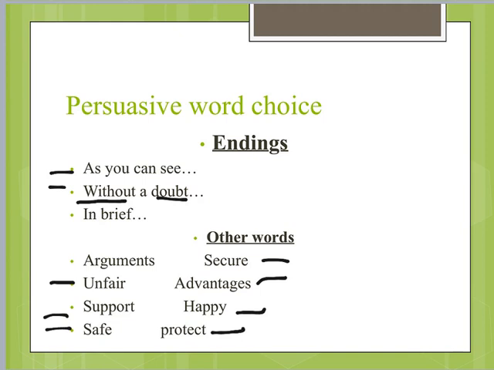These are words that work on the subconscious of the reader. They make the reader feel that you're seeking something good, so they would also be convinced or persuaded by your point of view.